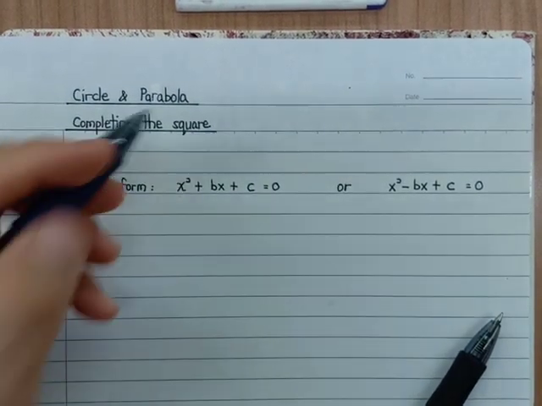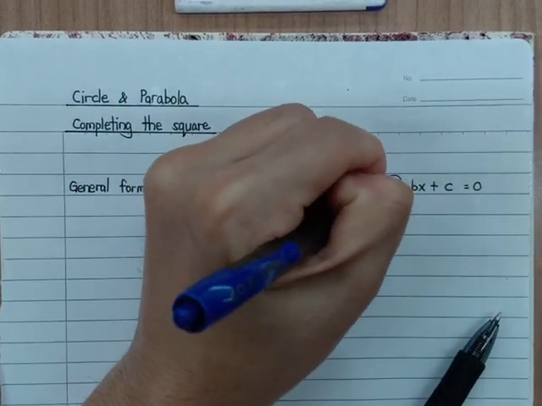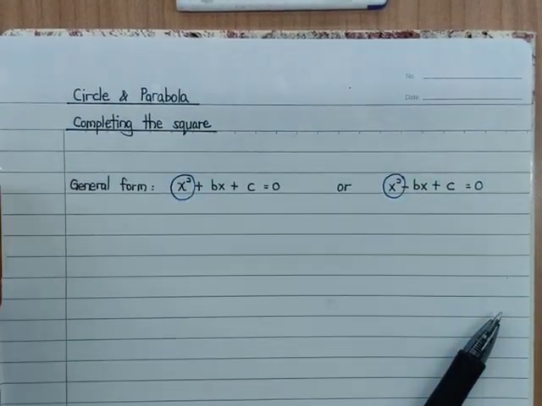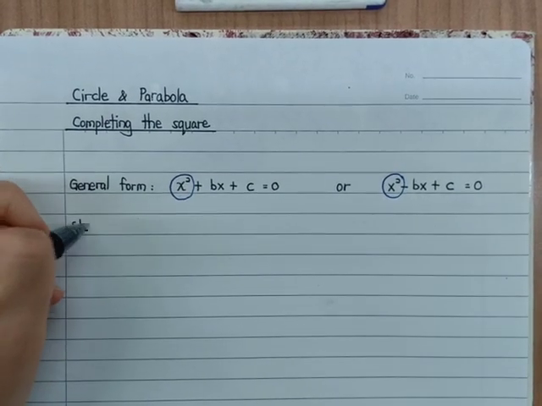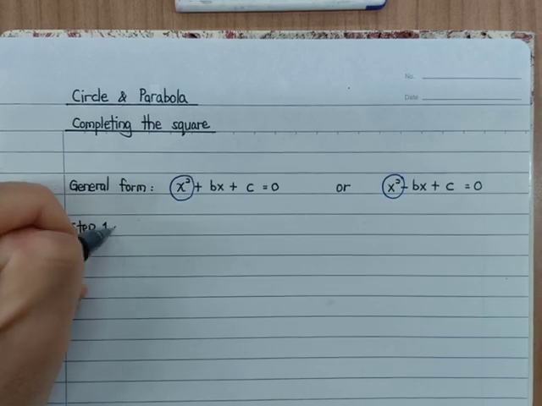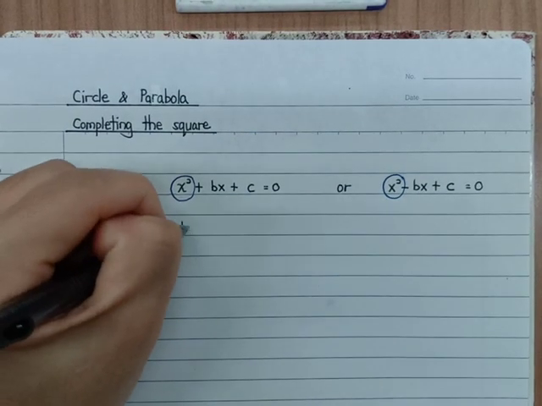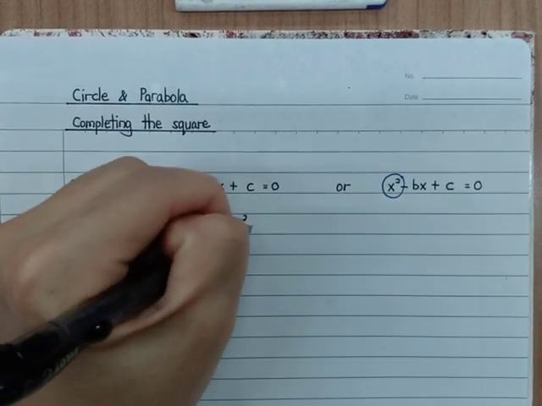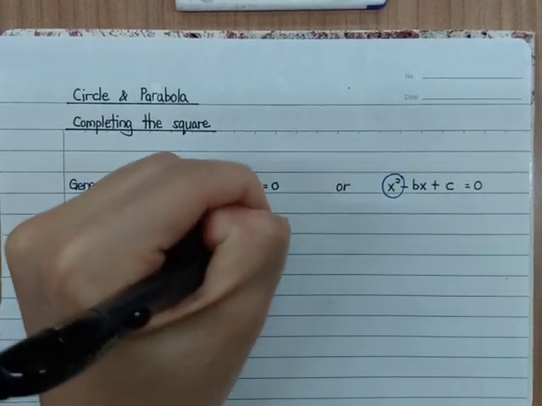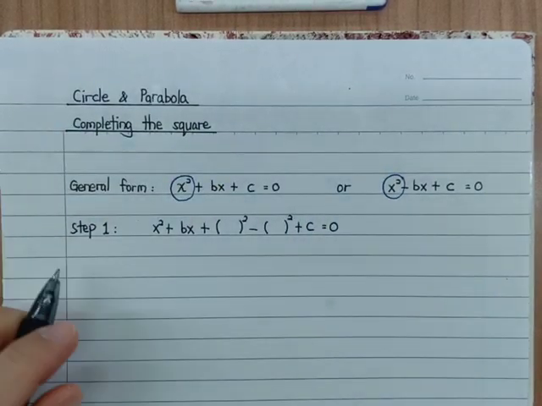First of all, you have to make sure that the coefficient of x squared is 1. So in our step 1, what we're going to do is x squared plus bx, we put two brackets with squared and then minus bracket squared plus c is equal to 0.